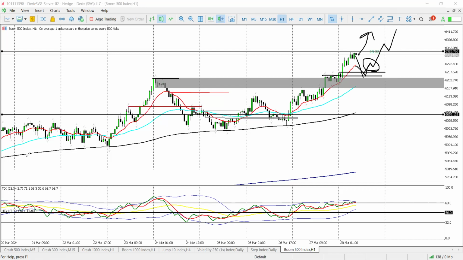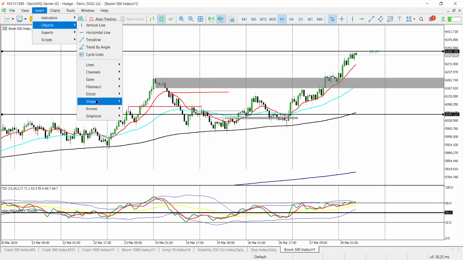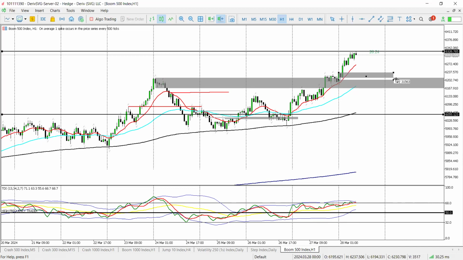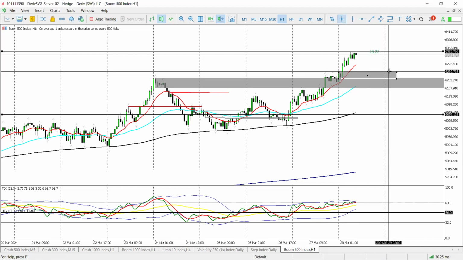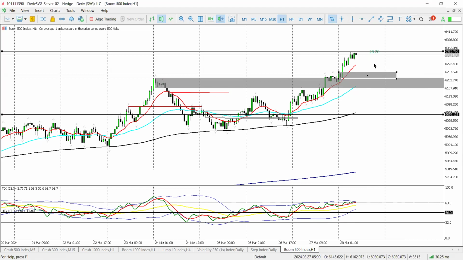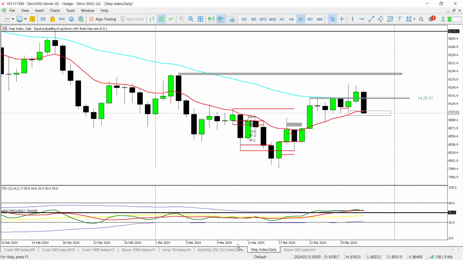But for now, I want to see a retracement all the way back into this zone, which would be around 62.40. 62.40, that's my point of interest. And if price can get there, simply jump to M15, try to spot a pattern, and we execute. Everything for now is leaning on an uptrend, as you can see, so we do not want to trade against the trend.